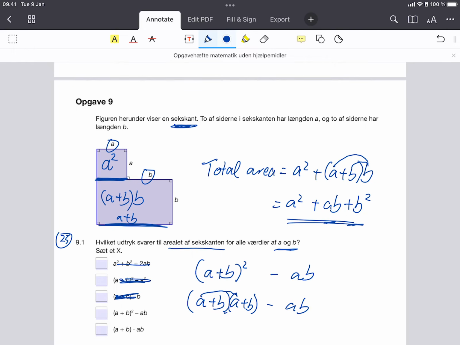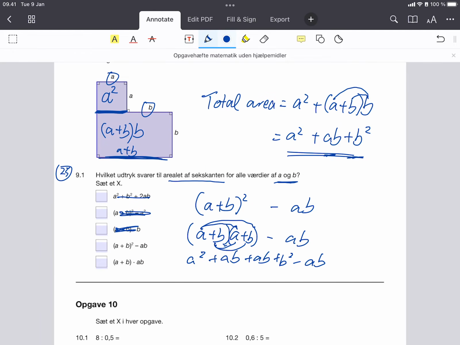So that's a times a is a squared, a times b is ab, b times a is ab, and b times b is b squared, minus the ab that was already there. Getting a bit messy, this, isn't it? So you've got an ab there and a minus ab there, which cancel each other out. So that's the same as a squared plus ab plus b squared, which is essentially what I had there. So it's going to be that one.